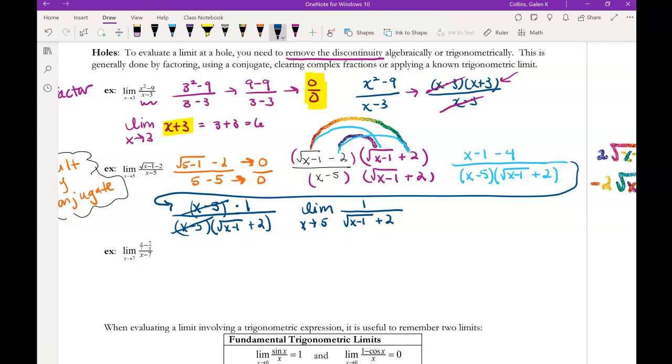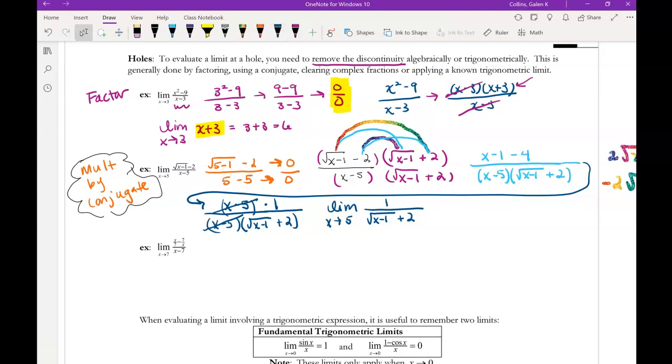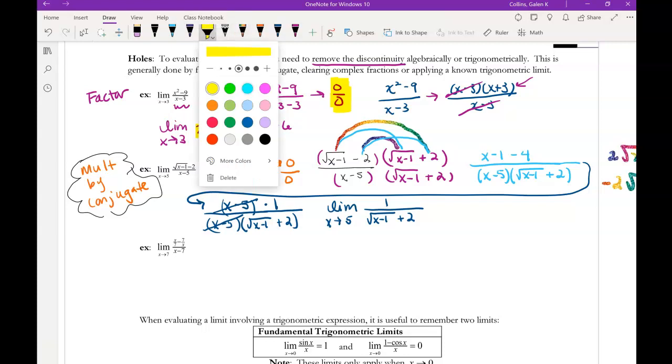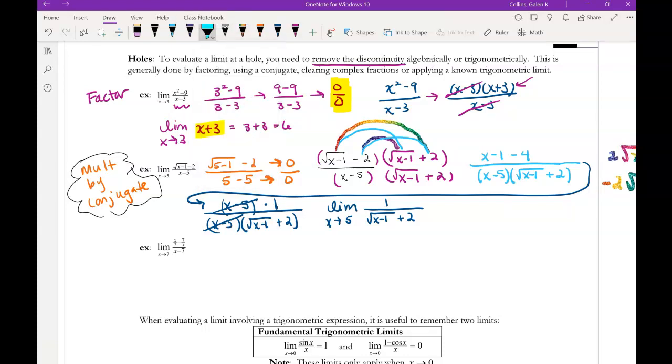So we have removed the discontinuity, and the way that we know that we have removed it is when something cancels from the top and the bottom. So when we go up to that first example, the thing that canceled, I hate saying canceled, but I know that you know what I mean when I say that. It's just not very mathematically sound. The x minus 3s, when we got rid of those common factors, that's what removed the hole.